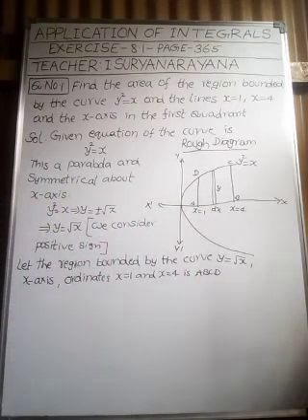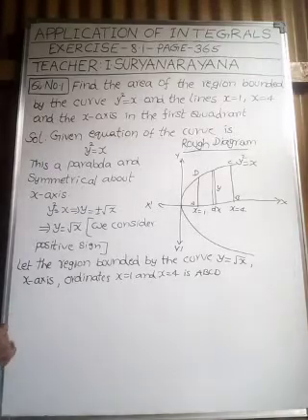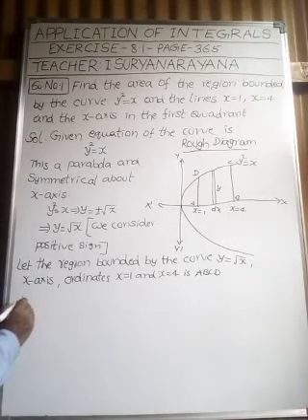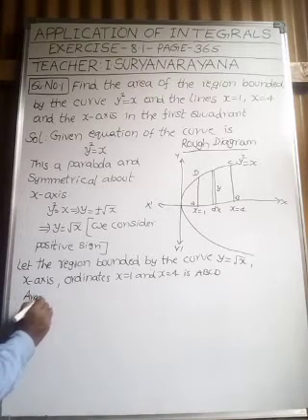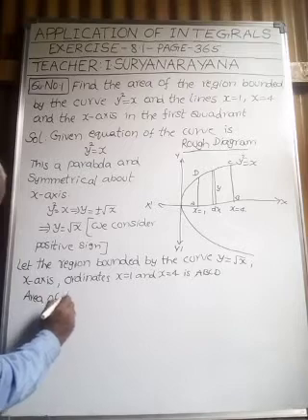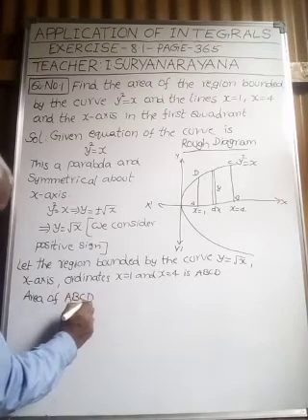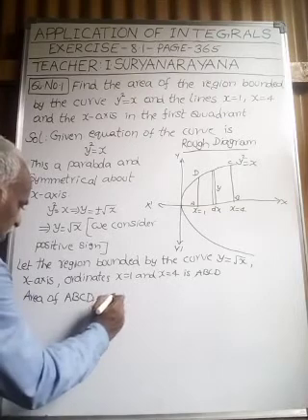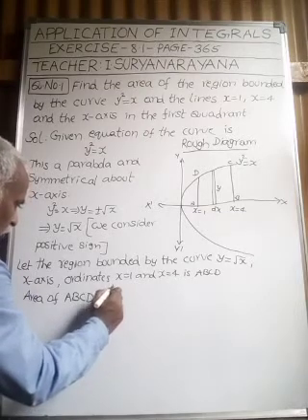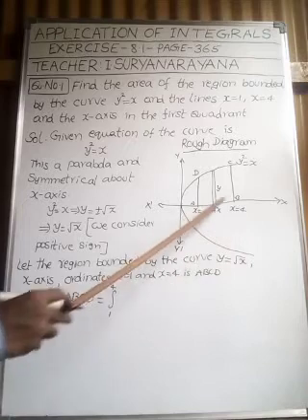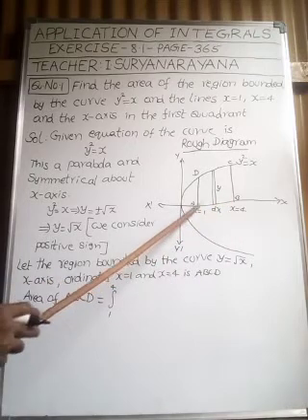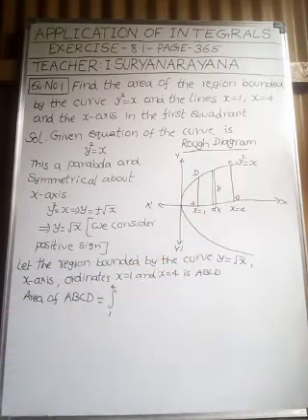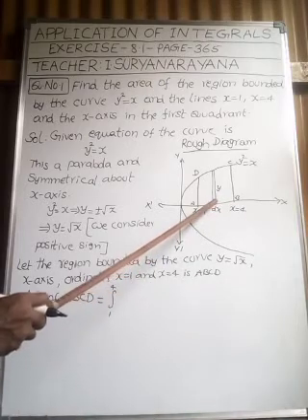Okay, my children. Therefore, the area of this region ABCD is equal to integral 1 to 4, limits from 1 to 4. Understood this point, my children? What is the area of this thin vertical strip?